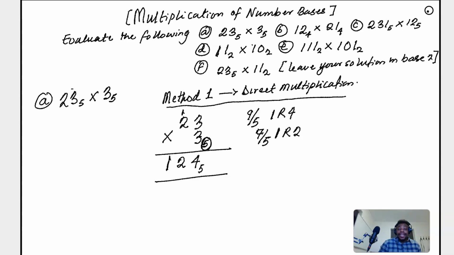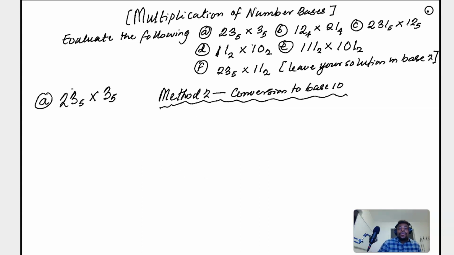Now, let me show you the second method, which is conversion to base 10. So, we have 23 in base 5. The thing is, we convert to base 10 first.